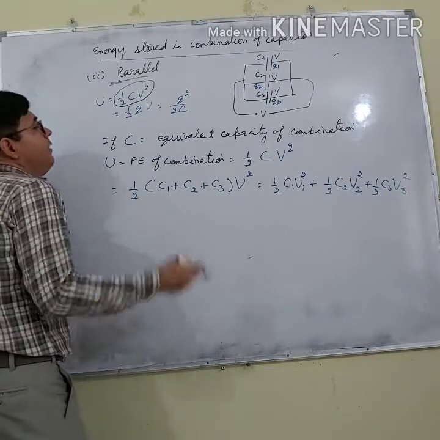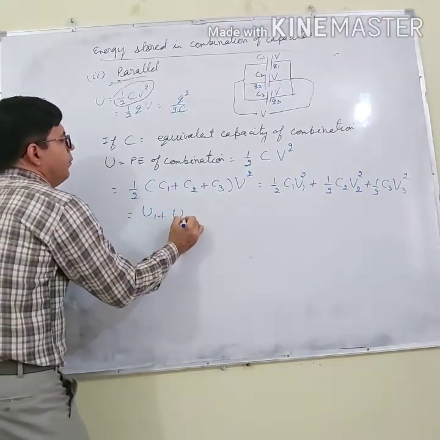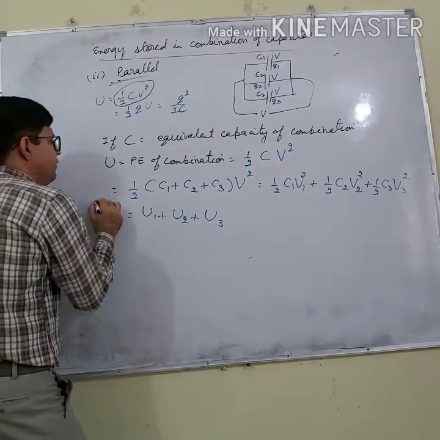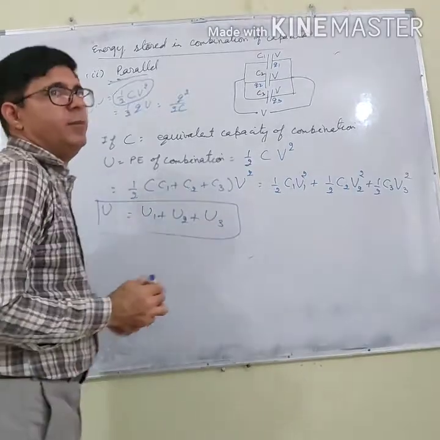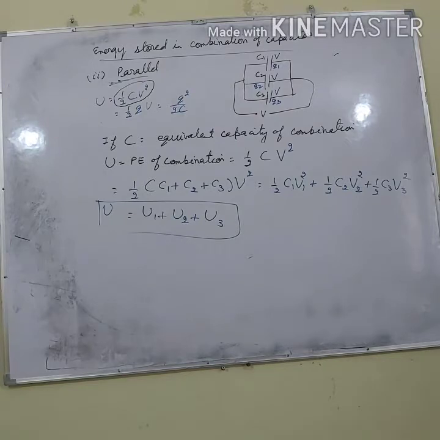And what is C1 V1 square divided by 2? It is potential energy of first, second and third capacitor. So what does it mean? It means that if capacitors are connected in parallel combination or series combination, their energies are added to get the total energy stored in the combination of capacitors.